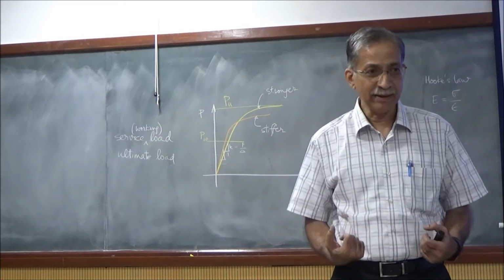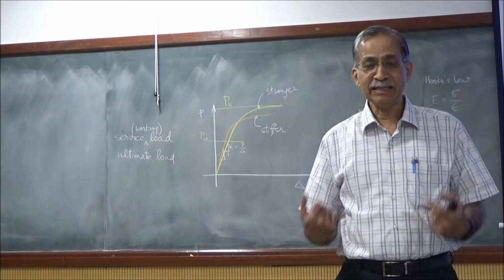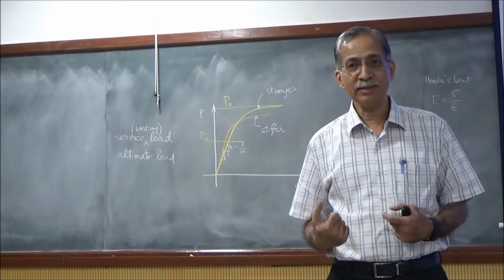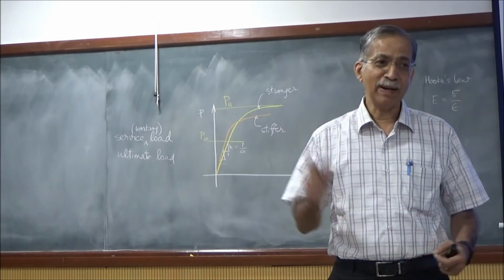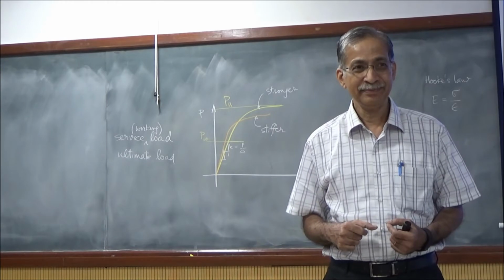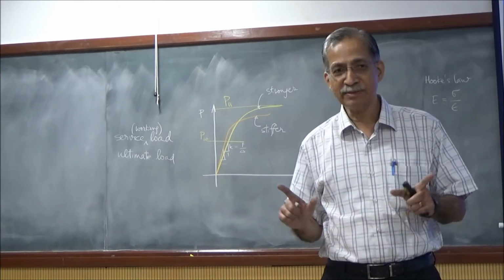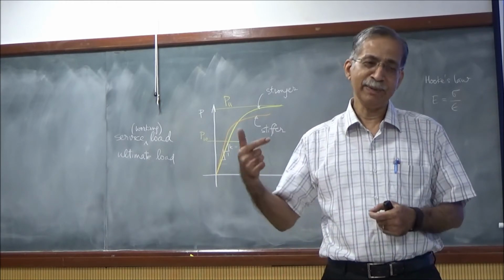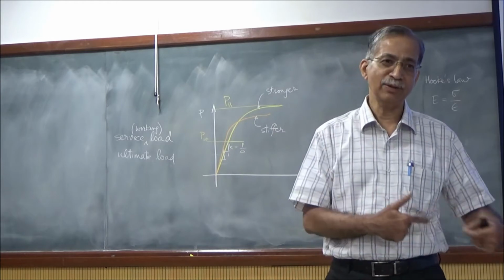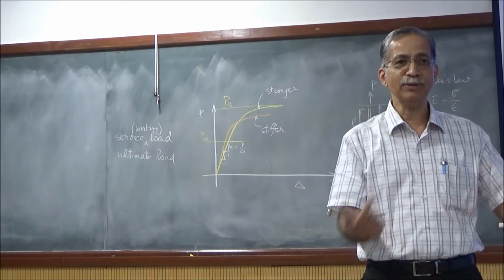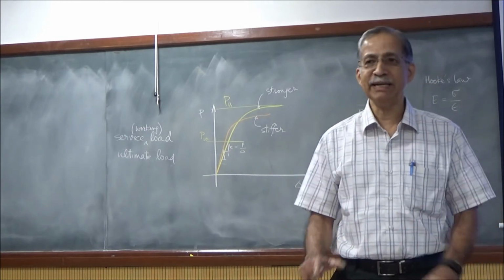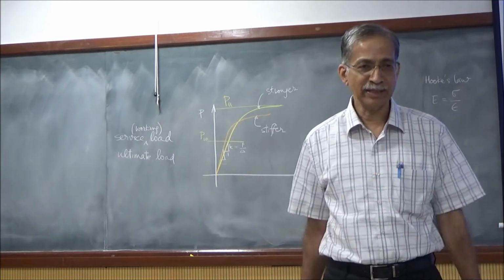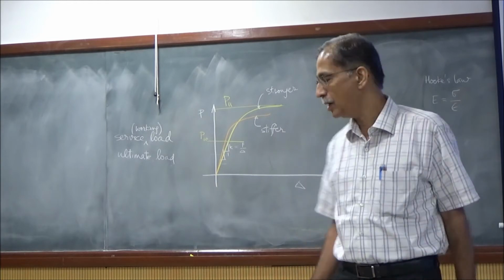That is the principle of linearity, which necessarily requires that the straight line must pass through the origin. Then only the principle of superposition is valid. Strictly speaking, it can go in the negative direction also, so minus 2 sigma will cause minus 2 epsilon. But some materials don't have the same modulus of elasticity in both tension and compression. Clear? Okay.